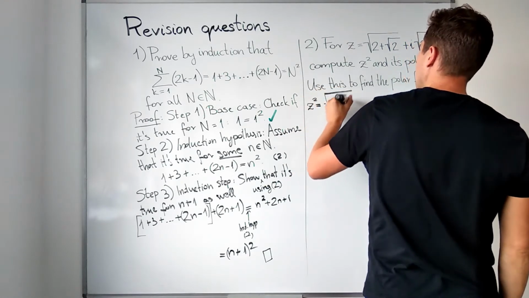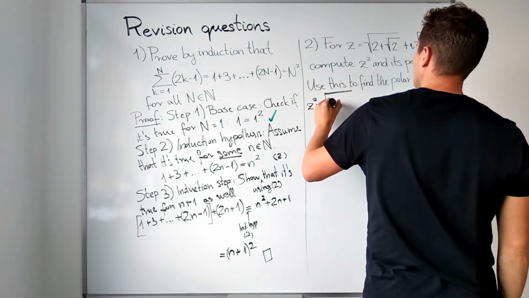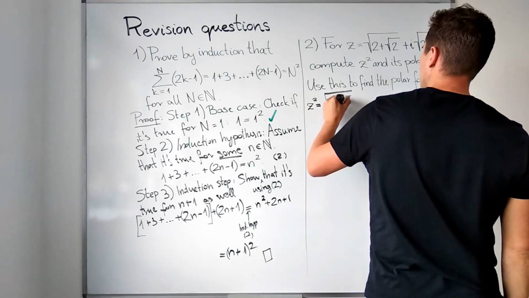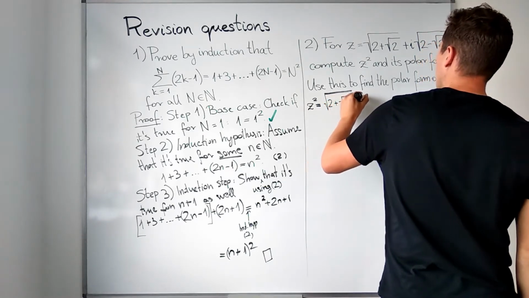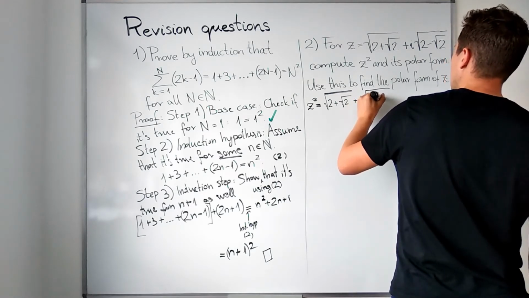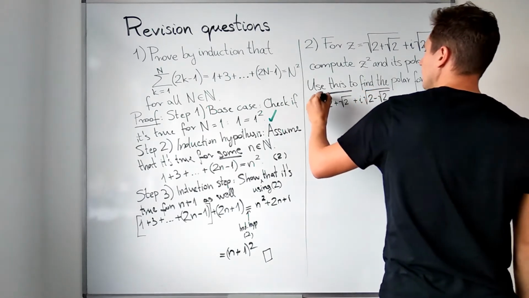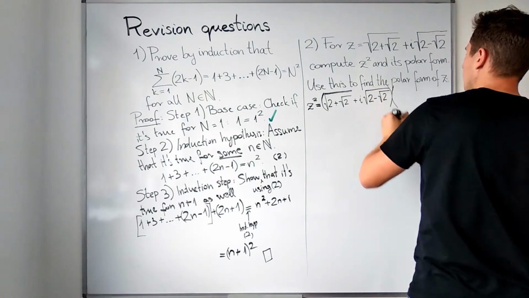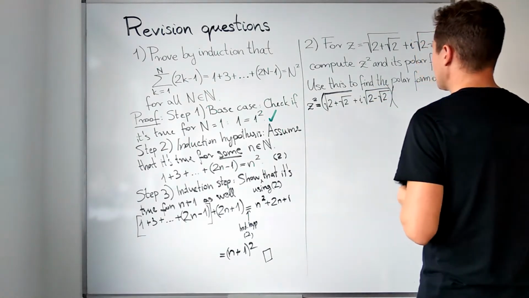All we have to remember is to square a complex number, or in fact, to multiply two complex numbers, we just have to calculate as usual, with the very important exception that we have i, this imaginary unit, which squares to -1.